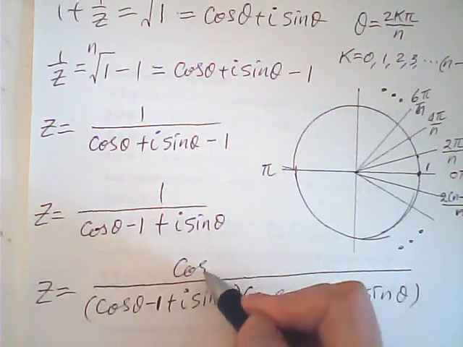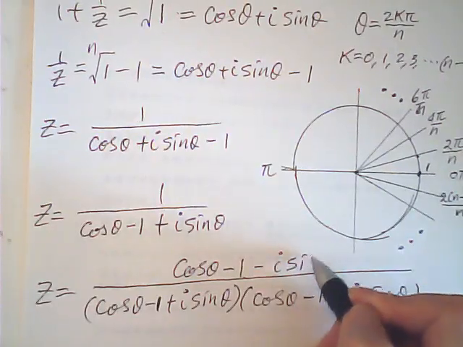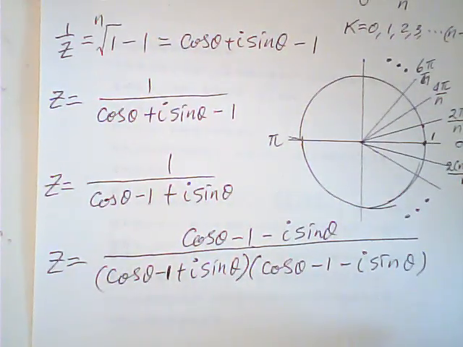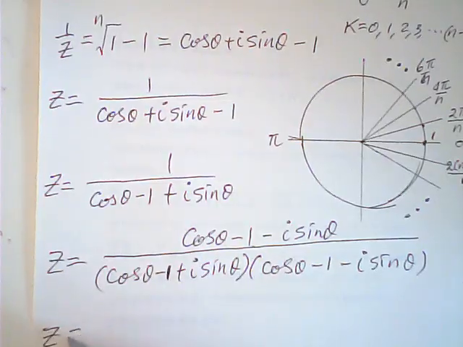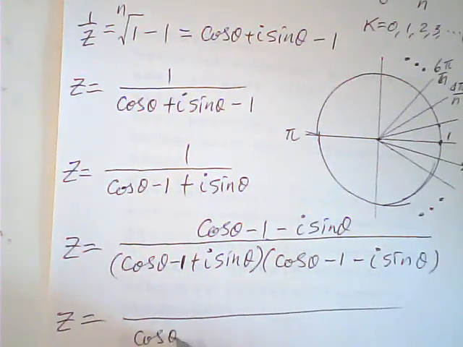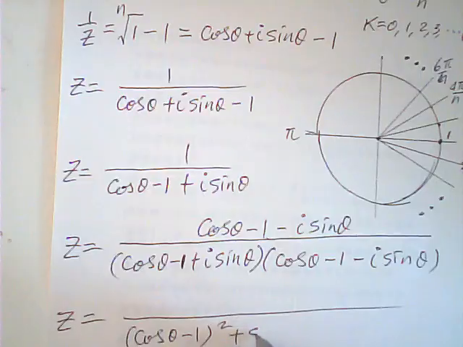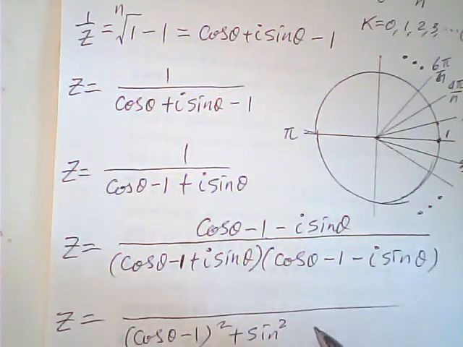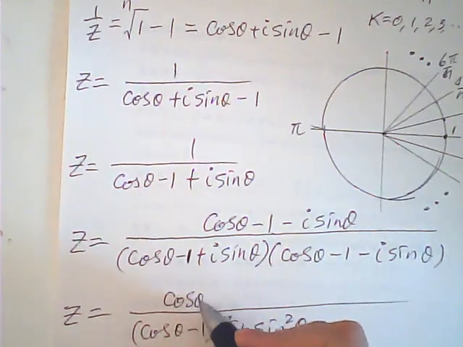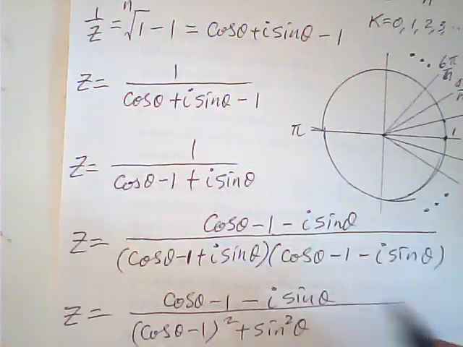Okay, good. Now the denominator is equal to (cosine theta minus 1) squared plus sine squared theta. Yeah.